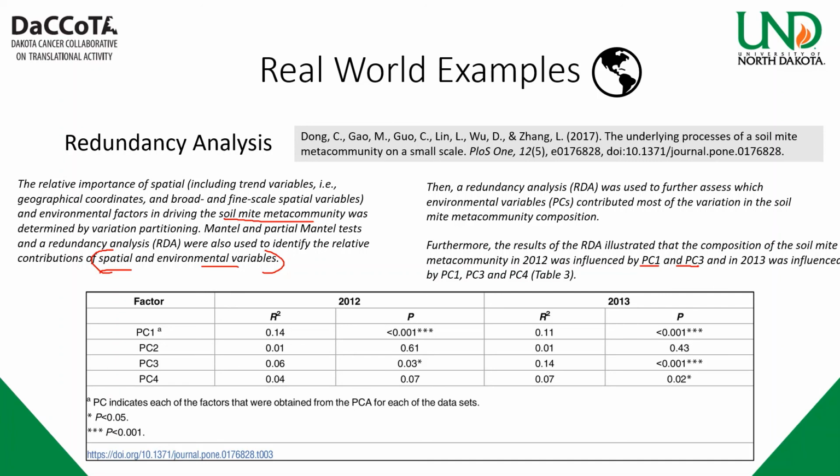The soil mite community was influenced by PC1 and PC3 in 2012, but that shifted a little, where PC4 was also significant in 2013. What that means at a deeper level, I'm not sure, but you can do that.